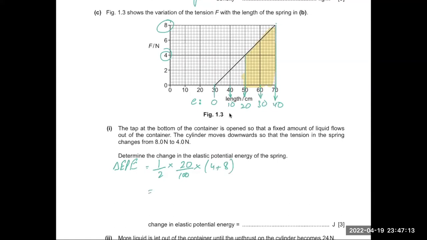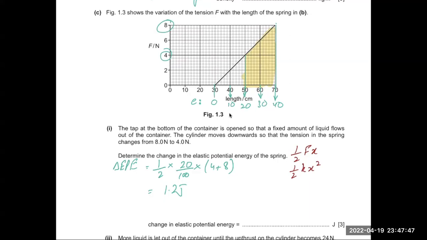So the answer that you get is 1.2 joules. Or if you want to avoid this altogether, you can use half fx or half kx squared. Find out the energy at 8, find out the energy at 4 using any of these formulas, and then find the difference.